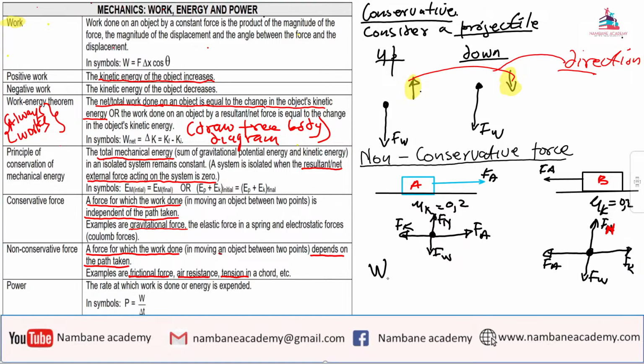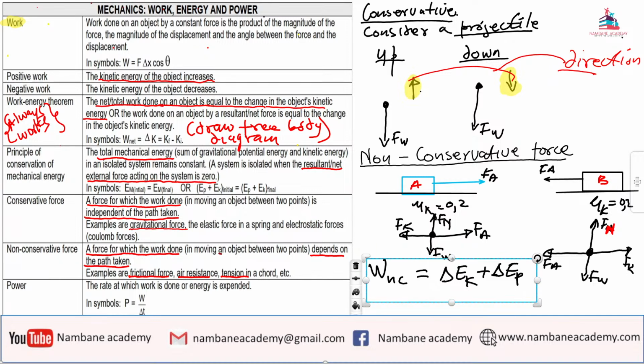We have an equation which is W_nc equals change in EK plus change in EP. This equation relates to work done by a non-conservative force. Very, very, very important.